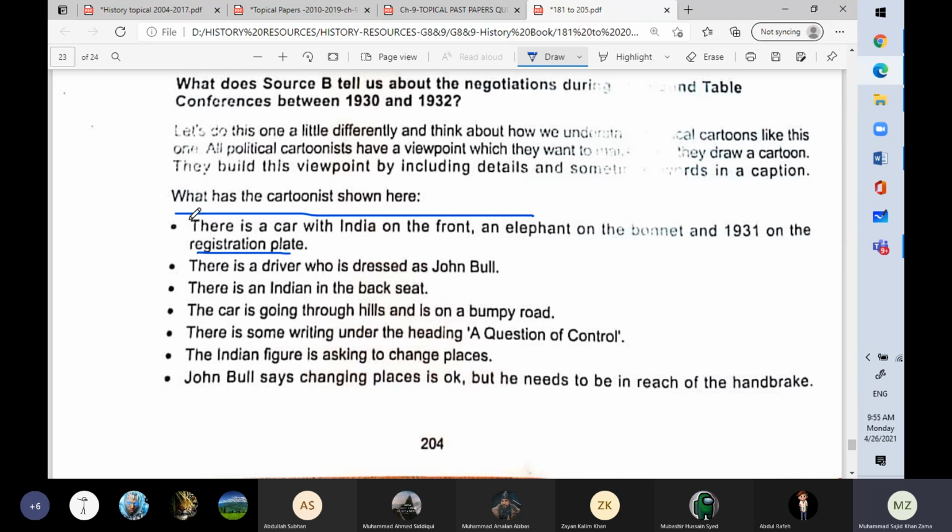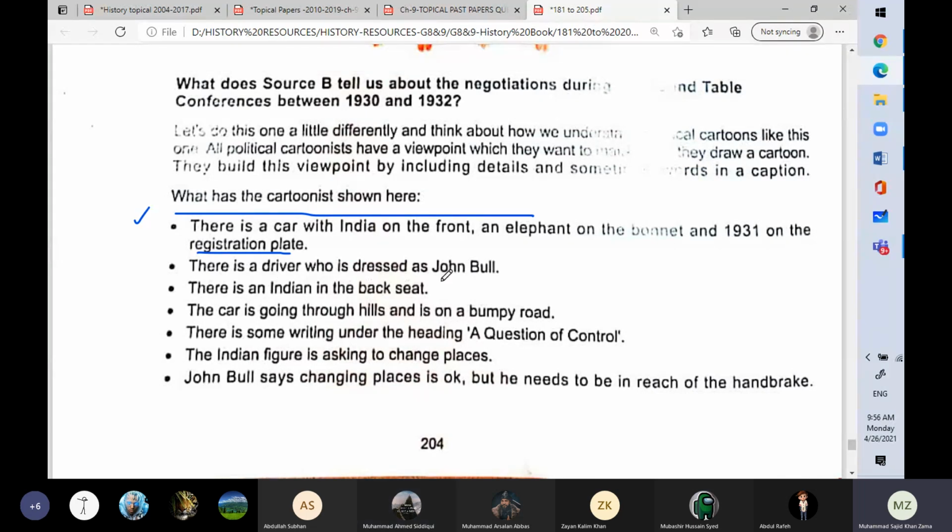This is all what we call surface features. The driver is dressed as John Bull. There is an Indian in the back seat. The car is going through hills and is on a bumpy road.